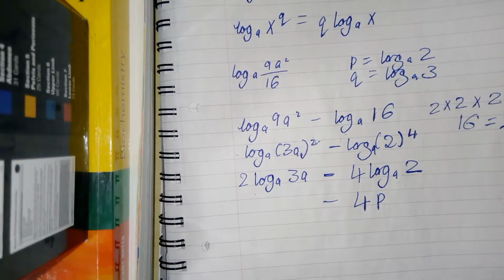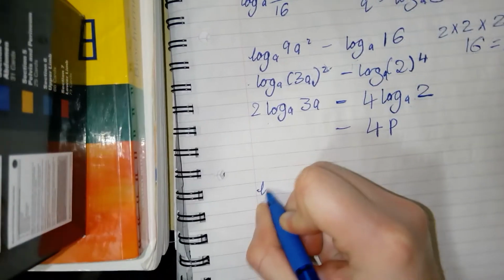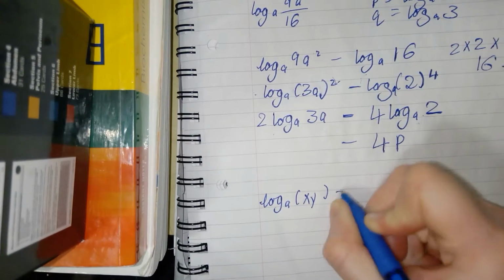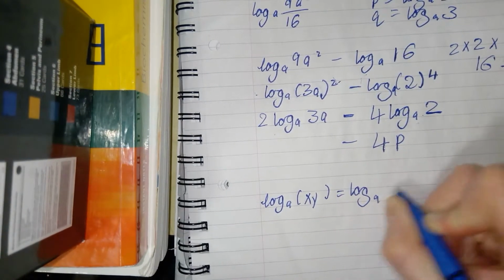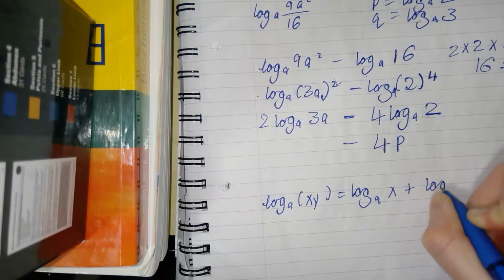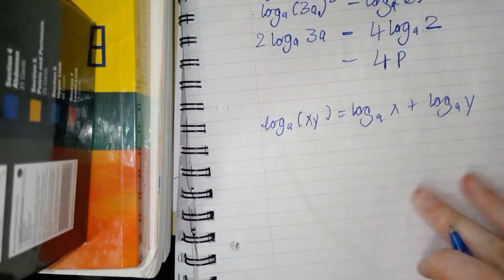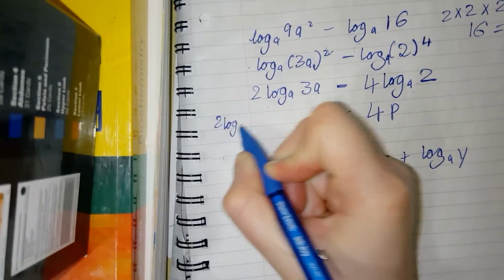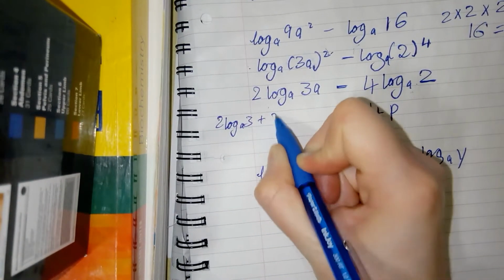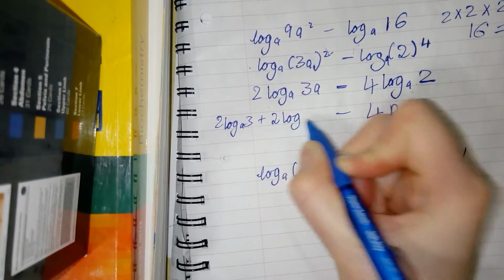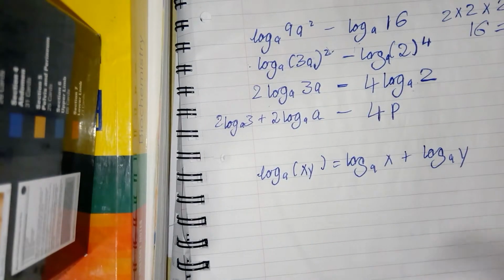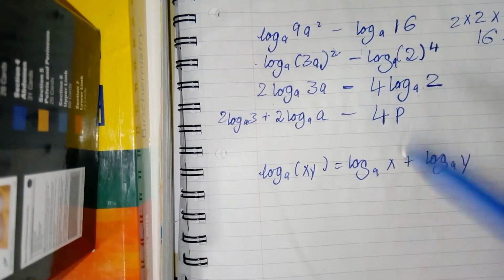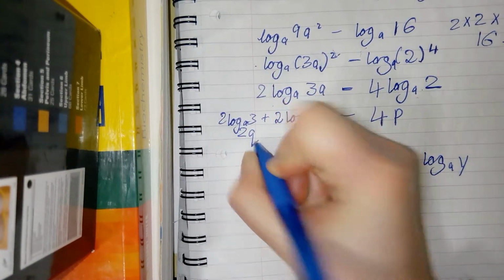When we have two things multiplied by each other, another one of our rules of logs is that log a xy is equal to log a x plus log a y. So we can write this as 2 log a 3 plus 2 log a a. And log a 3 we know is q, so that's 2q.